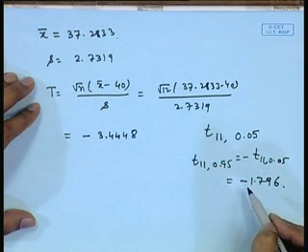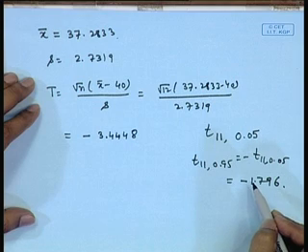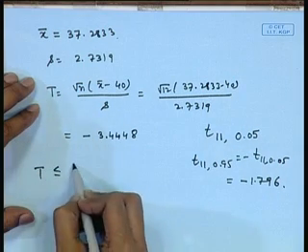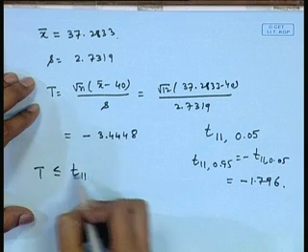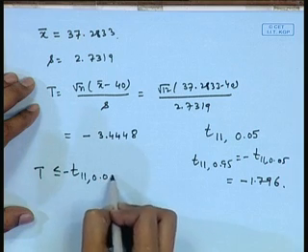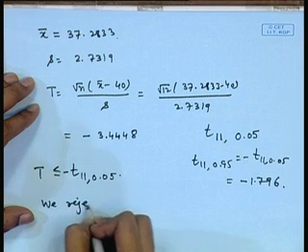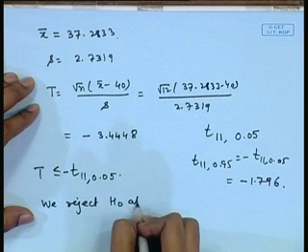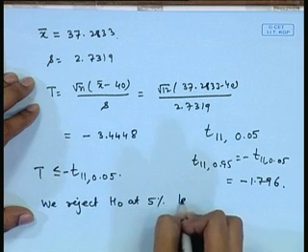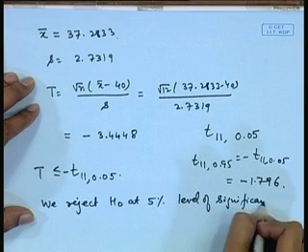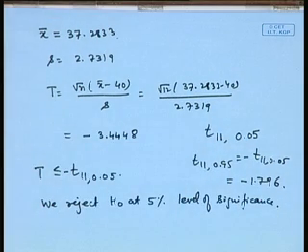This we can see from the tables of the t distribution. Now, you see here t is less than or equal to minus t 11, 0.05. So, we reject H naught at 5% level of significance.